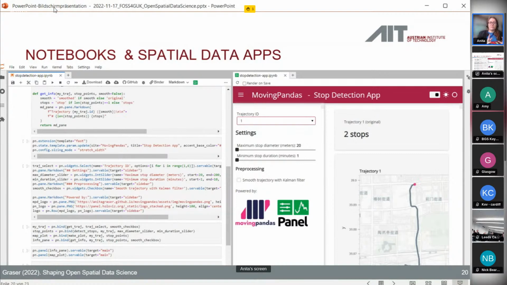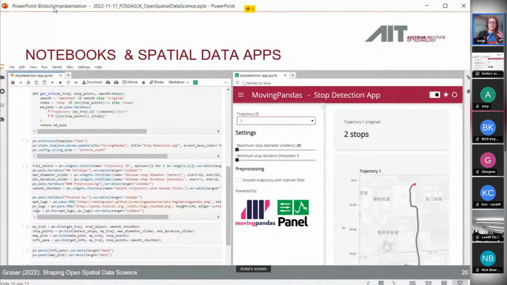So I think it's really key to develop solutions that make it possible, without code duplication, to have both the workflow and some rapid prototyping user interfaces, like you can see here in this example that I created for Moving Pandas, where you have the visualization of the stop detection algorithm on the right-hand side in a panel app, which is all coded directly in the notebook using the same functions that I use for the analysis of the data, without having to write separate code to generate these things. So I would really encourage people to look closer into that.